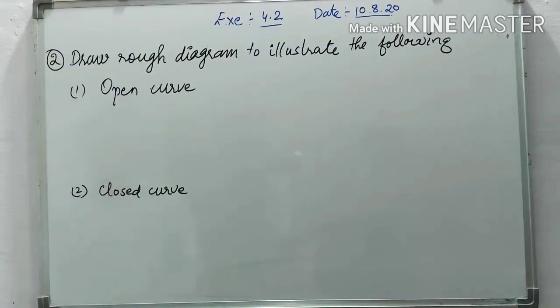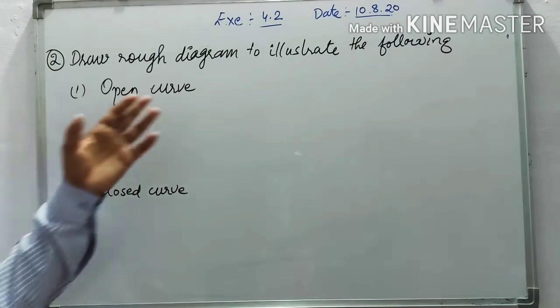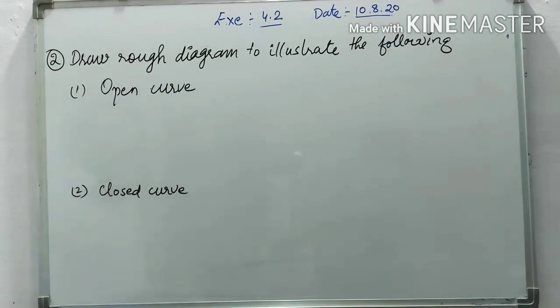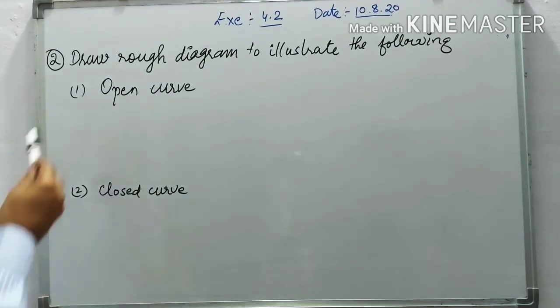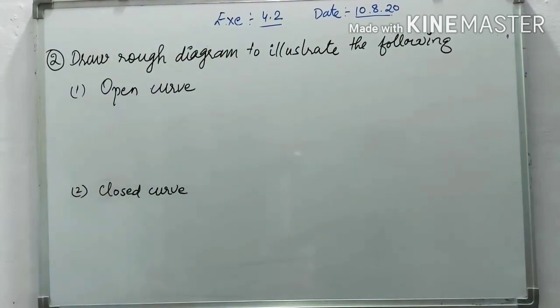Next, question number two: draw rough diagrams to illustrate the following. The first is an open curve and the second is a closed curve. It means you draw any rough diagram without using a ruler and compass.